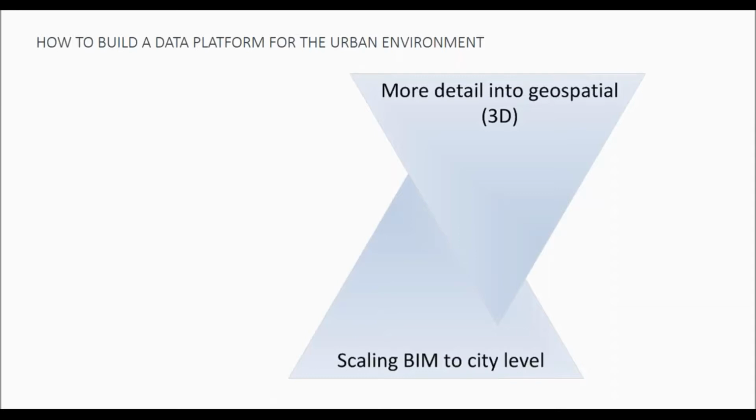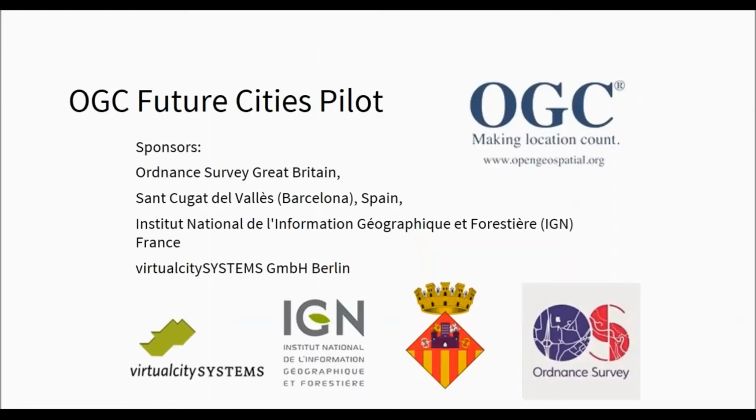But then there's this other idea coming out of the BIM domain, which is to say, well, we have very detailed information for individual buildings and parts of infrastructure, and we scale this up to a city level. And we feel that the answer will be somewhere in the middle, that in order to create a city data platform, we basically need to combine both approaches and create and maintain and manage the data going forward.